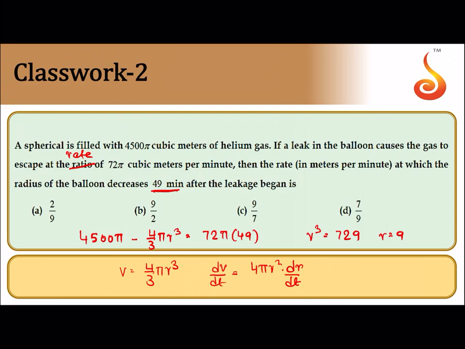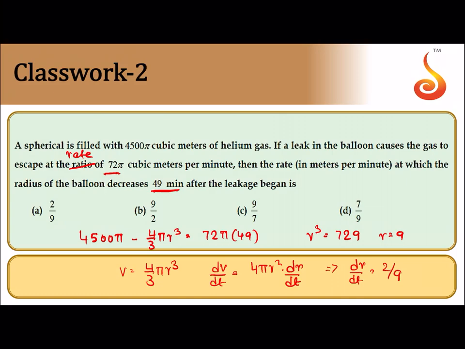So once we got r is equal to 9, volume is equal to 4 by 3 pi r cube. So dV by dt is equal to 4 pi r square into dr by dt. So dV by dt is known.